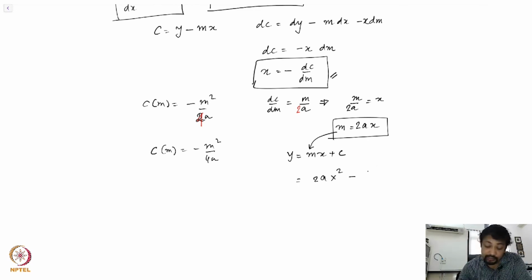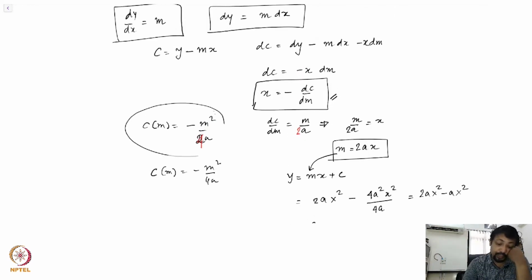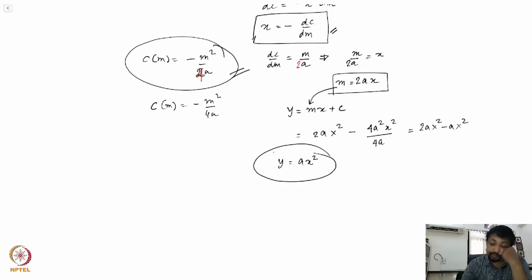This is minus 4a squared x squared divided by 4a, which is twice ax squared minus ax squared, and the answer is y is equal to ax squared. So you see, whatever you have encoded over here completely contains the information about this function y equal to ax squared. So both the descriptions are equivalent and equally valid.